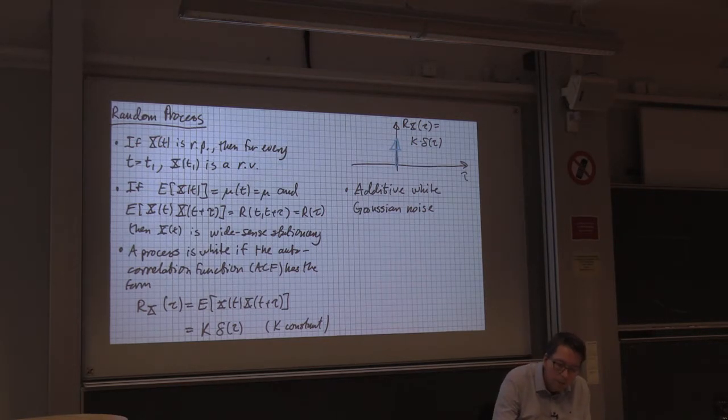Well, if that's the n that we had on the slide previously. So additive white Gaussian noise means that n of t1, for some time t1, is a Gaussian random variable.